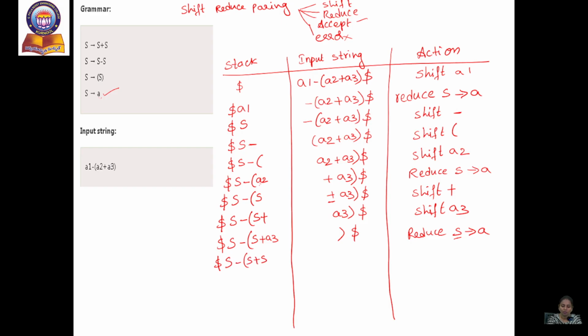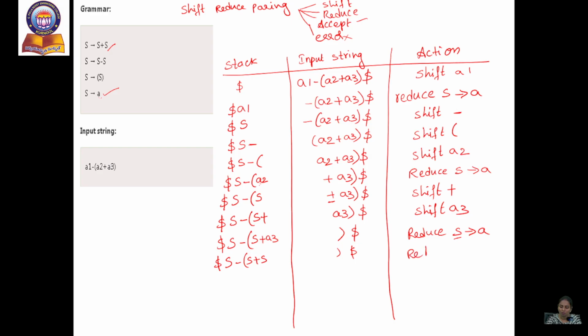So now I'm going to be checking whether S plus S can be derived from any of the productions. S plus S can be reduced by any of the productions. S plus S is available, so again I can perform the reduce operation.